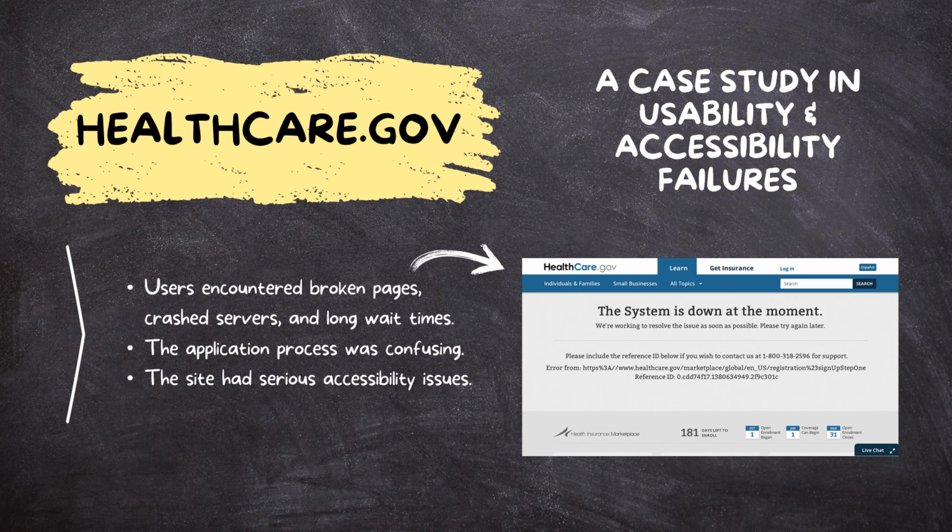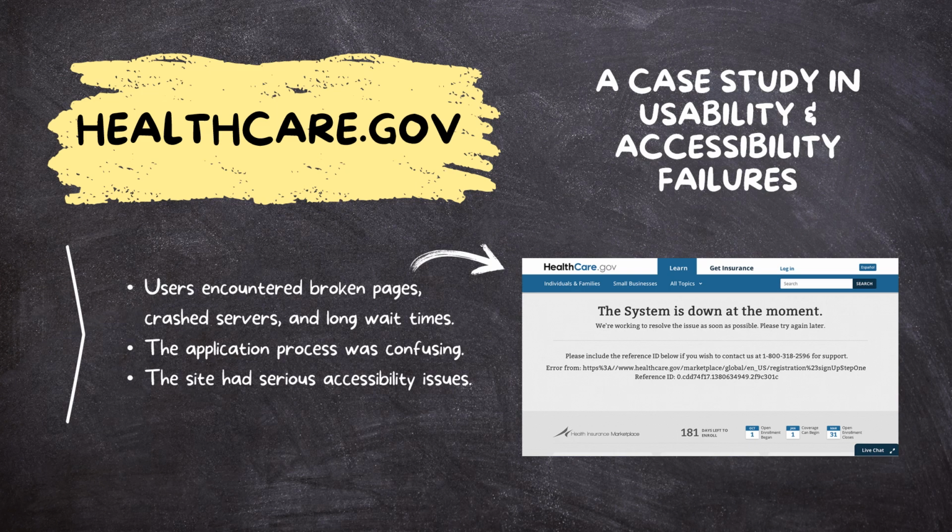Now, what happened in 2013, the launch of healthcare.gov, was probably one of the most infamous usability failures in web history. And this is why: the users encountered broken pages, crashed servers, and long wait times. The site wasn't stress tested for the amount of user traffic that it was going to get.